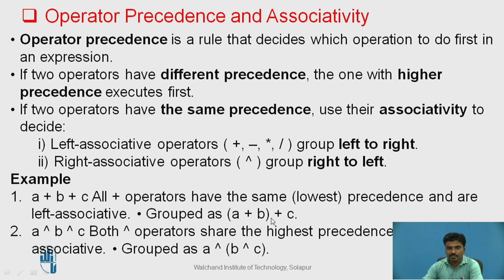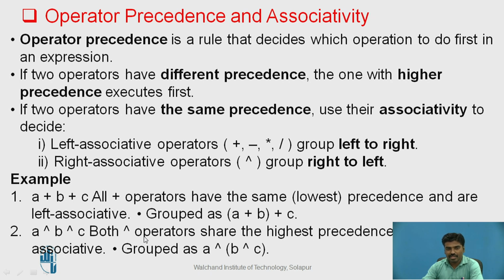Example, A plus B plus C. First, you have to evaluate the A plus B expression, and then you have to add C. And in another case, A raised to B raised to C, both operators have the same precedence.